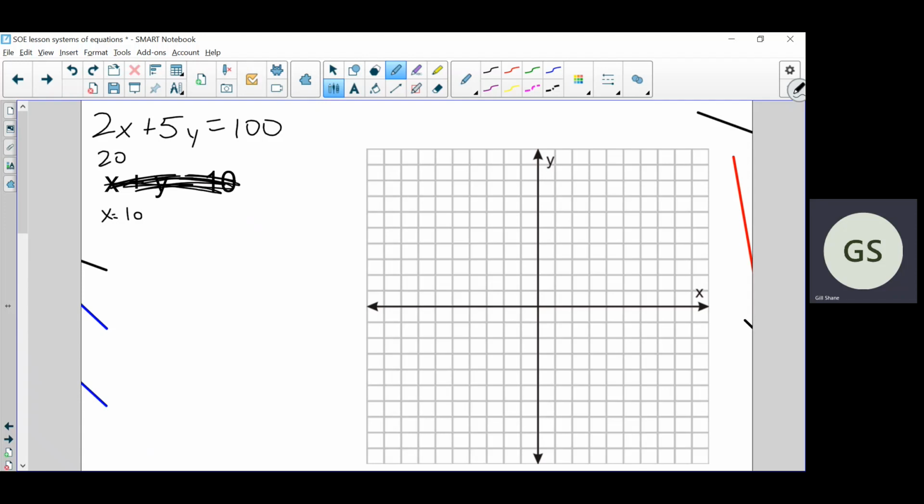Well, what times 5 equals 80? How would I figure that out? Basically, it would be 5 times what is 80. Isn't that like 16? It is, because you divide by 5 on both sides. So if x is 10, y would have to be 16. And when I plug that in, I get 20 plus 80 equals 100.